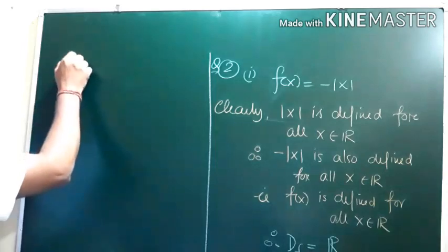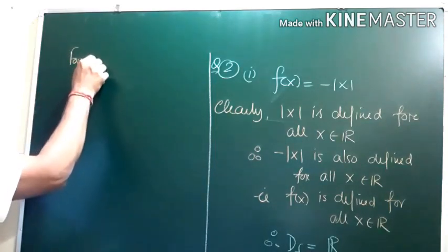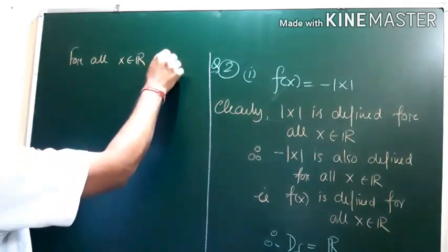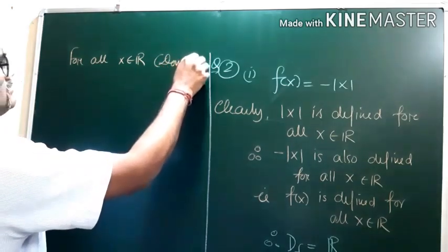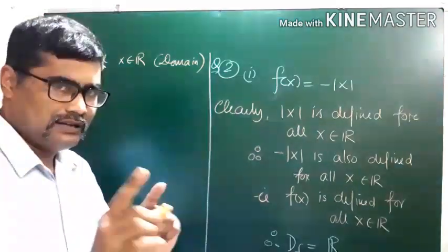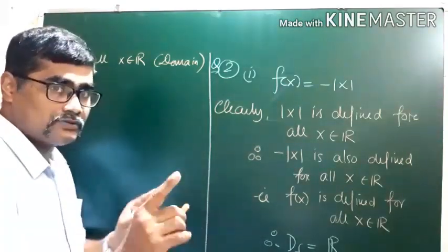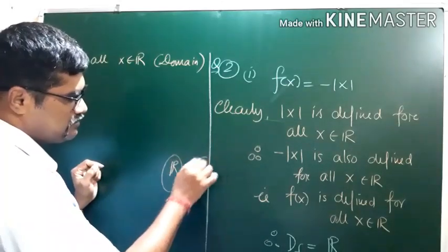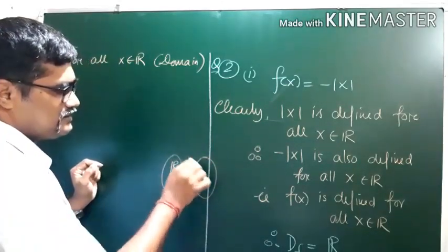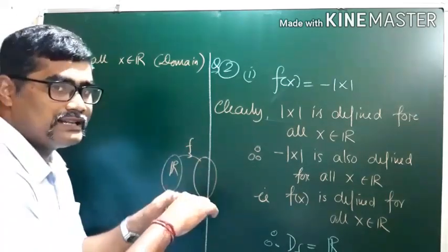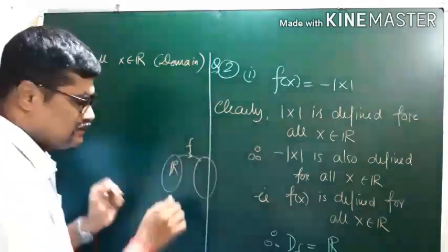Very clearly, for all x belongs to real number, this is the domain. I'll draw a figure for you so that you can understand. This is the domain, which is the set of real numbers. This is the codomain. I have to find where that f of x will lie.